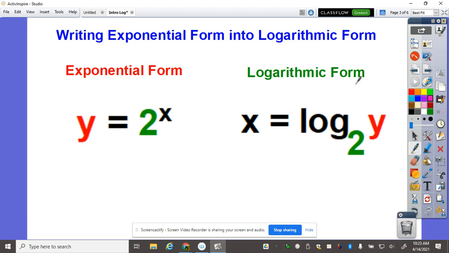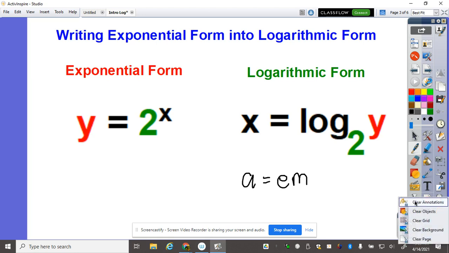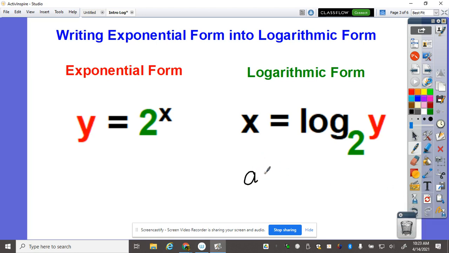Now, what about the log form to exponential? It's just the reverse, okay? For example, I have here a is equal to log base b of 2. So how do we write this one? First, I like to start with the base.